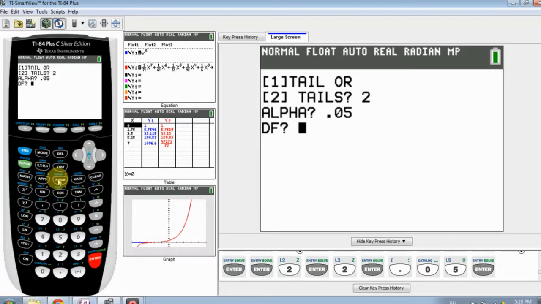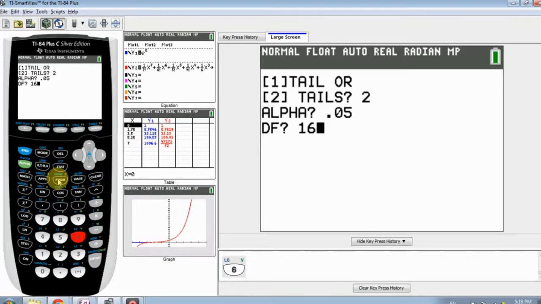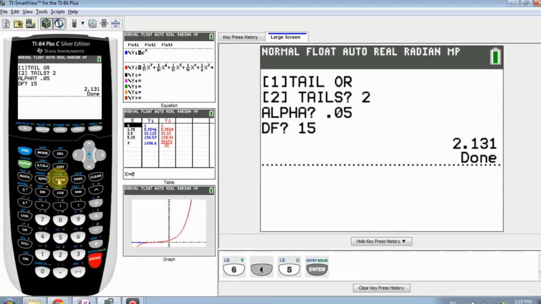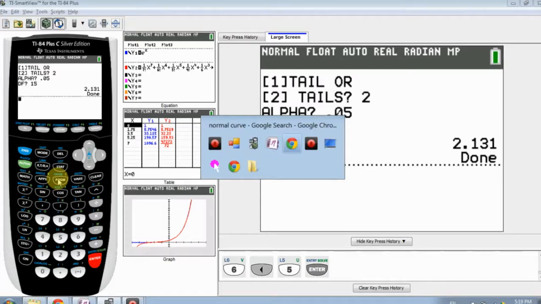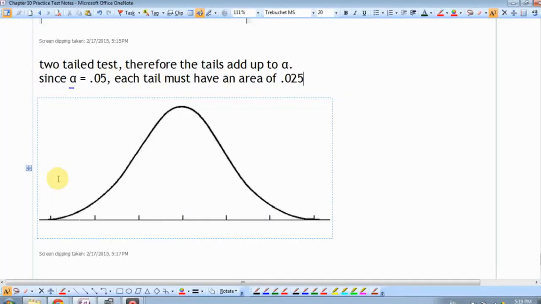How many degrees of freedom? 15. I forgot that I programmed it that way. 2.131. So that would be the rejection region.